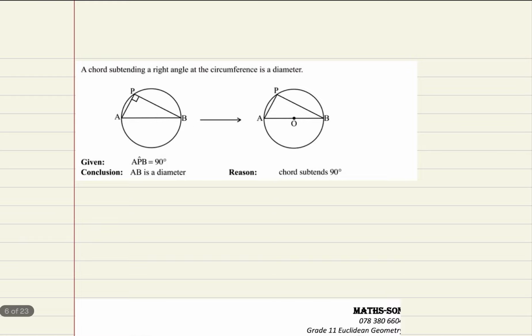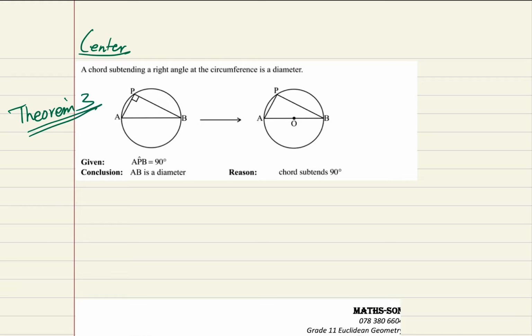Now, I know you are moving with me because I don't want you to be left behind, right? So now we are here on the third theorem under a center. So under a center, we have theorem number 3.